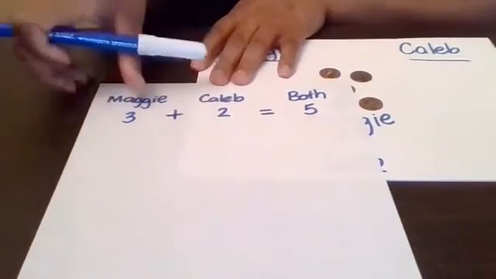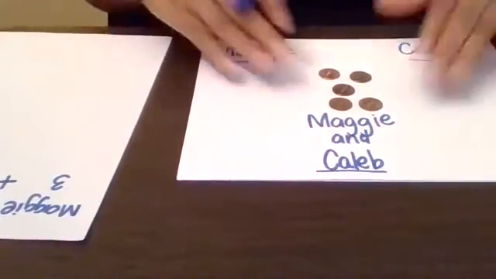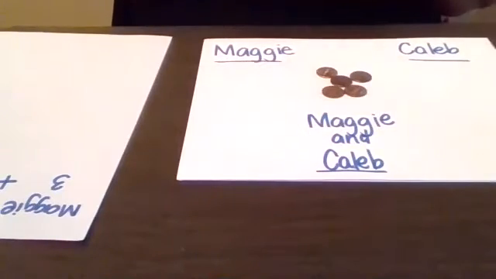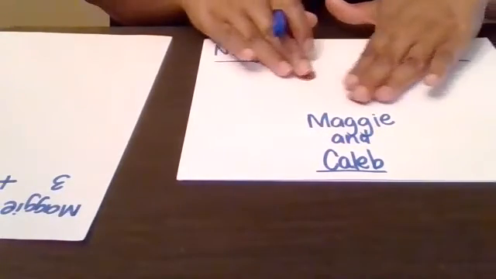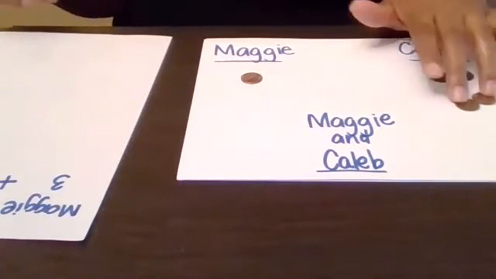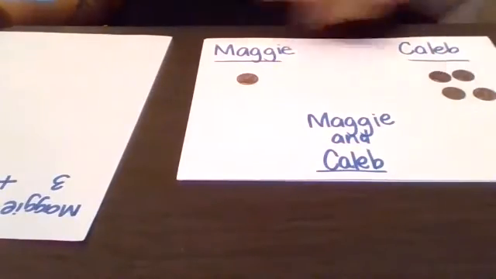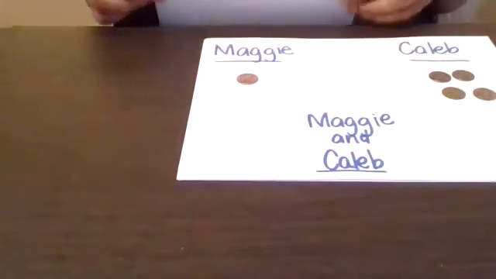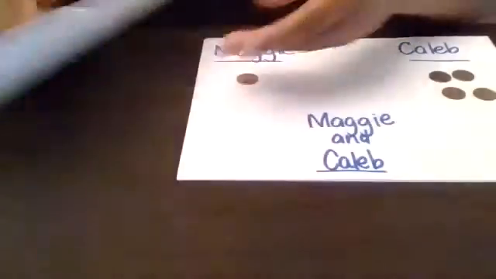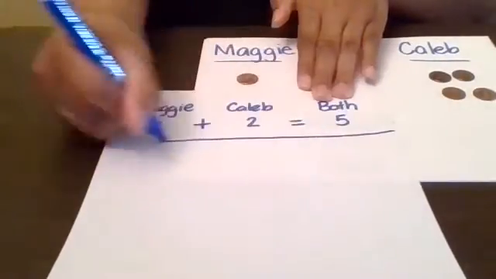Now let's put them back together and I'm going to split them apart again. Ooh, what do you notice, friends? Caleb now has how many pennies? 1, 2, 3, 4. So I'm going to go back to my paper and draw a line so that I can separate it.